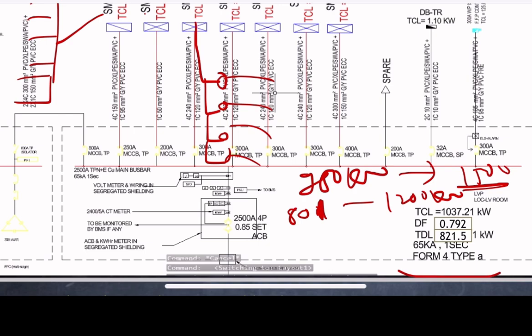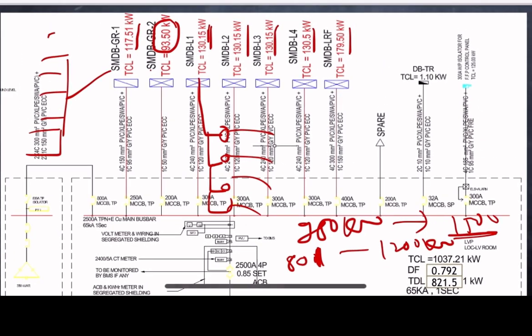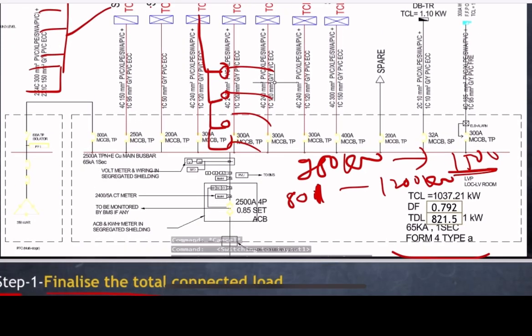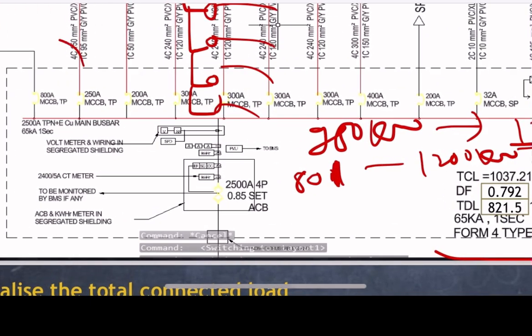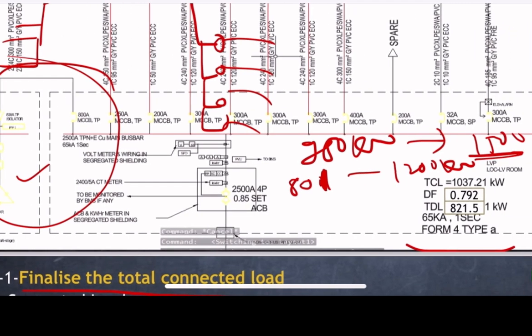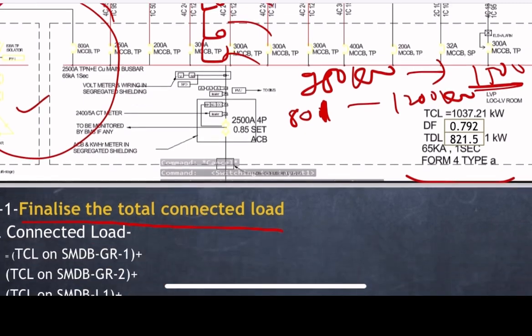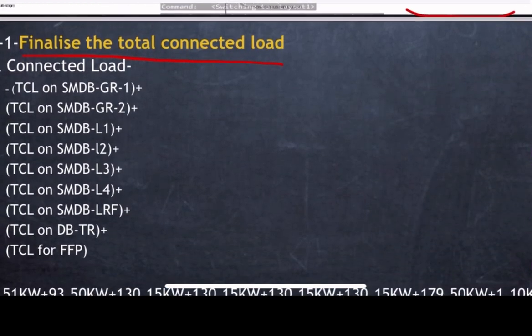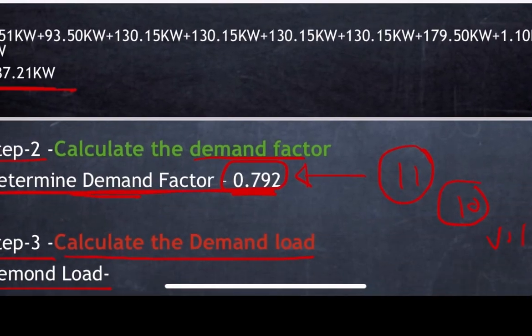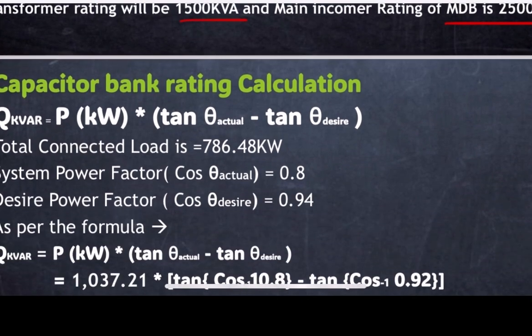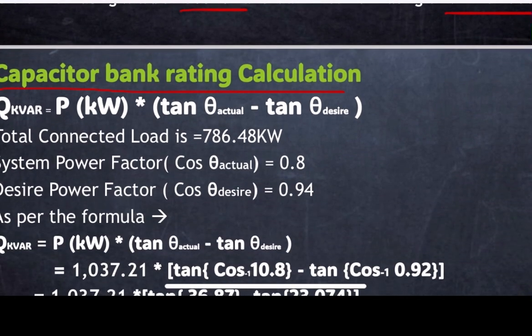Now, for the SMDB designing, we calculated everything except our capacitor bank. Let us calculate the capacitor bank briefly, though we already have videos in part 1, part 2, part 3, part 4 regarding the capacitor bank size calculation. But in order to complete this topic, let us calculate it.